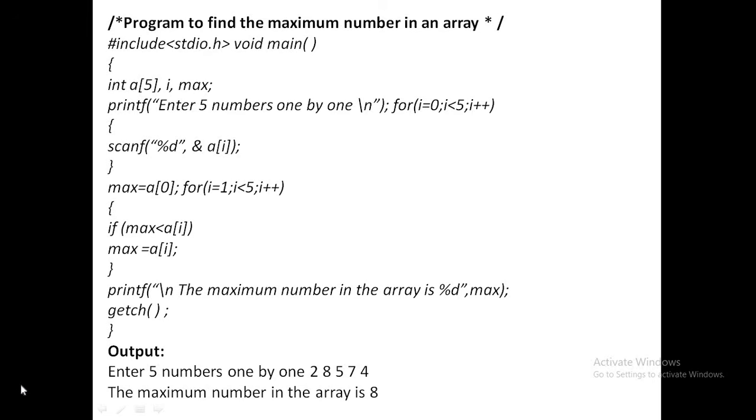A variable max of integer data type is taken, and the first value of the array is stored in it. It is compared with the following values, and once the value is found to be lower than the succeeding value, the values are swapped.